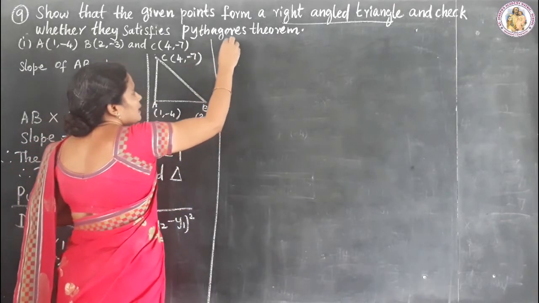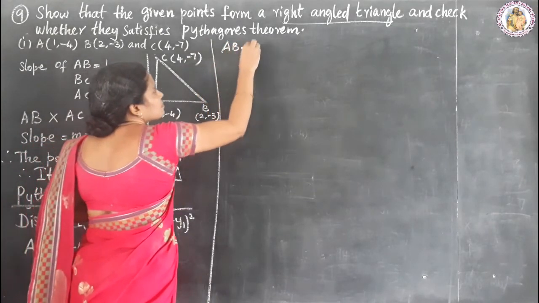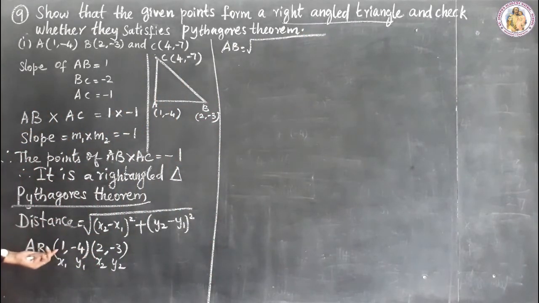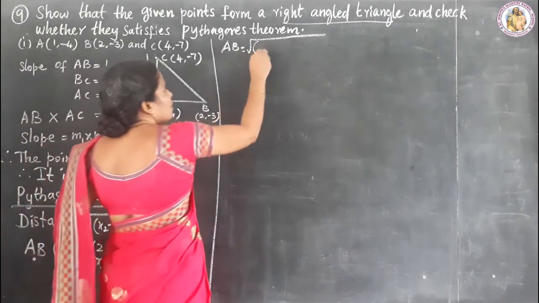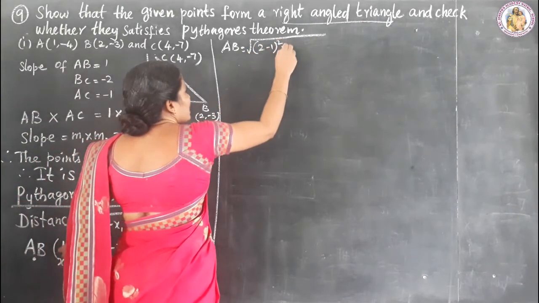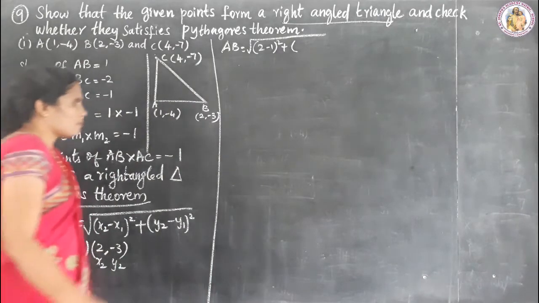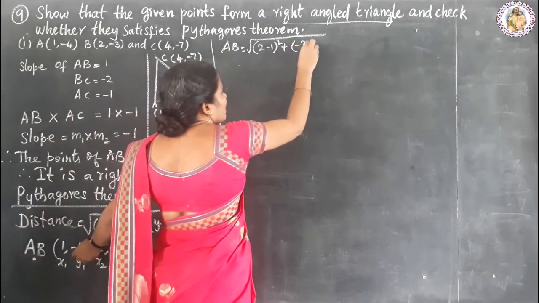So AB is equal to x2 minus x1, 2 minus 1 whole square, plus -3 minus (-4) whole square.